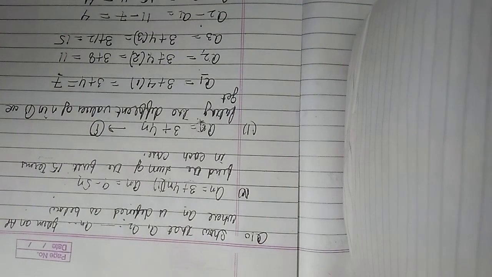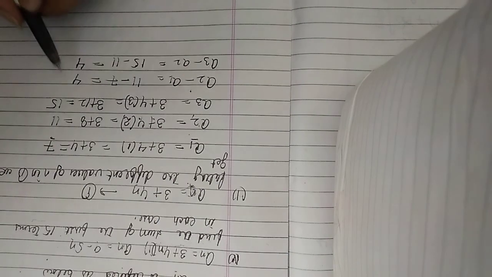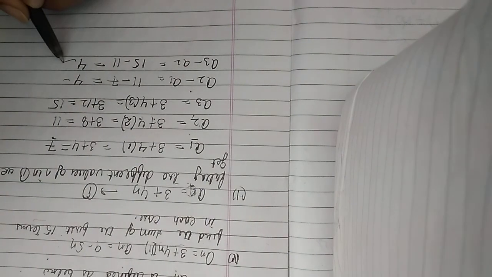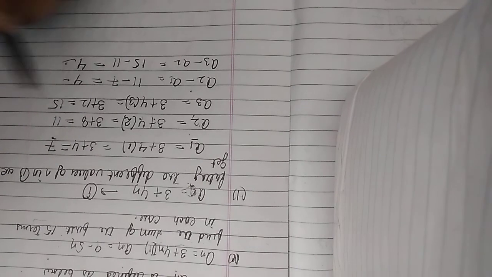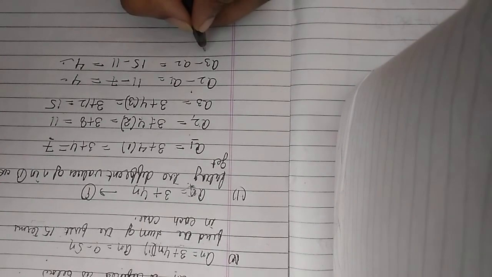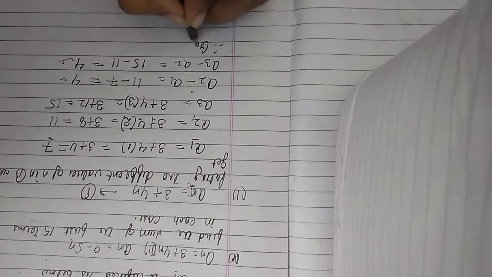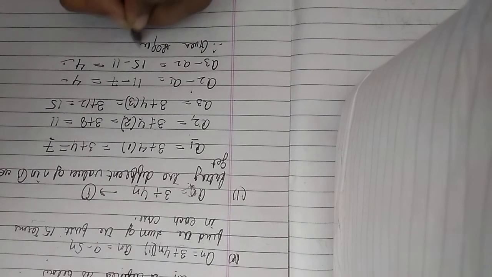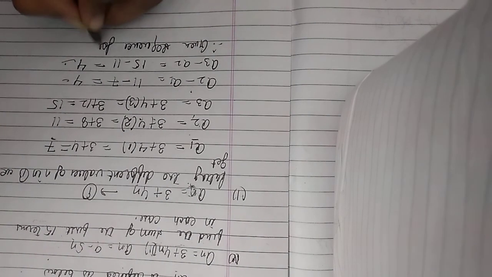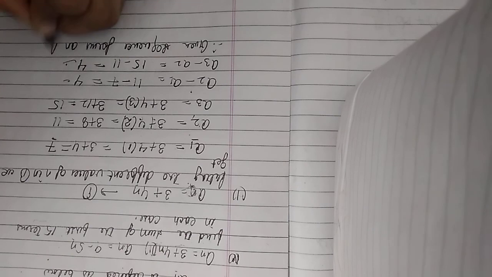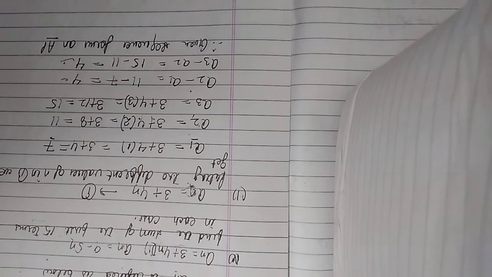So the difference is the same. So we can say that the given sequence forms an AP. Now the first part is done.